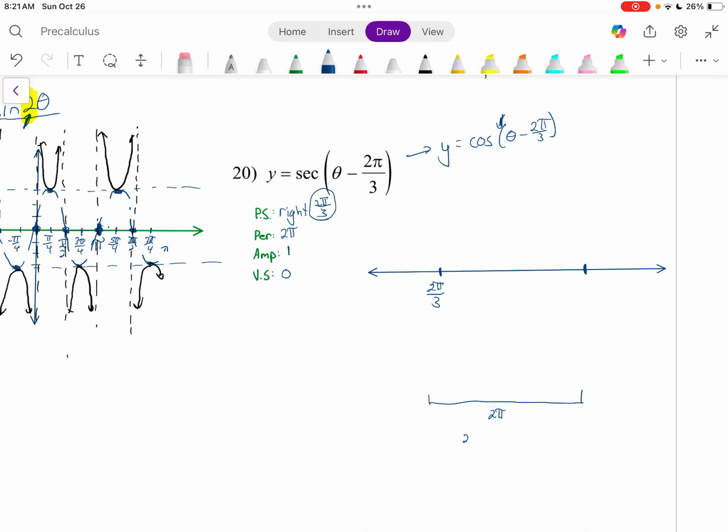So we want to take 2 pi over 3 plus 2 pi to get our ending spot. Well, common denominator, multiplied by 3 over 3. So it's 2 pi over 3 plus 6 pi over 3, which is 8 pi over 3. So our ending spot is 8 pi over 3.